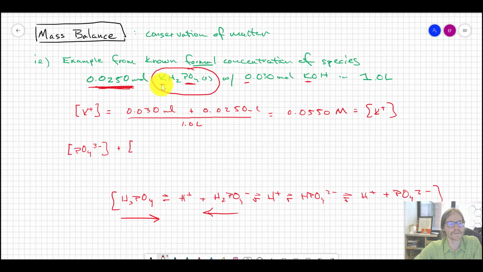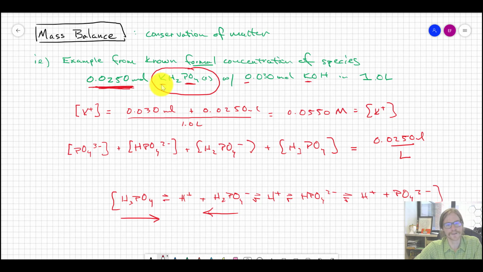So that means the phosphate ion plus the HPO4 2 minus ion plus the H2PO4 minus ion plus H3PO4, all of those species together, which make up the entire phosphoric acid system, still have to equal 0.0250 moles per liter.